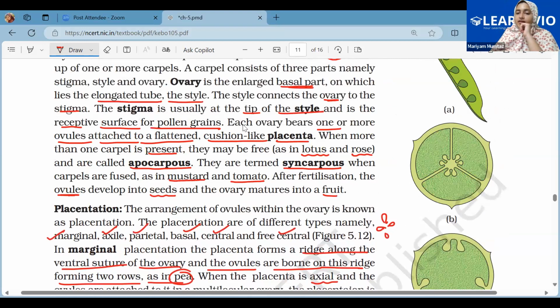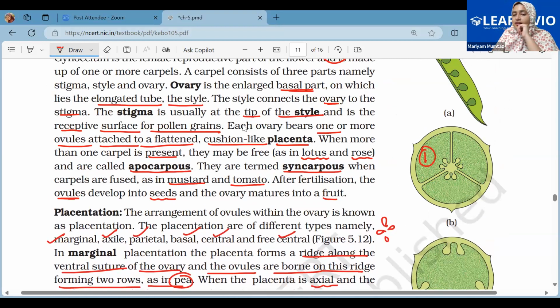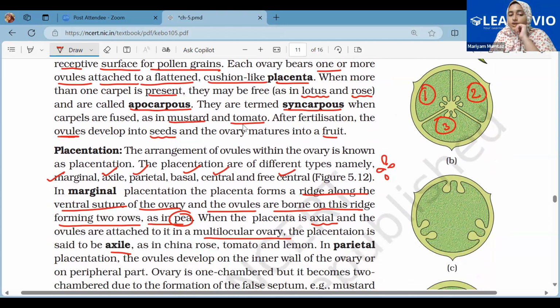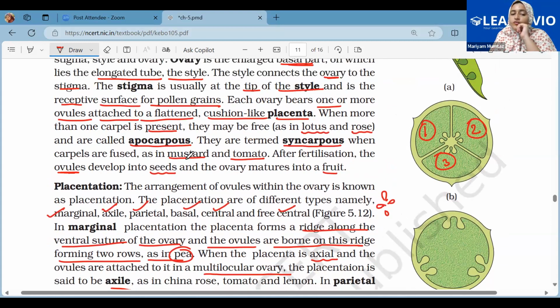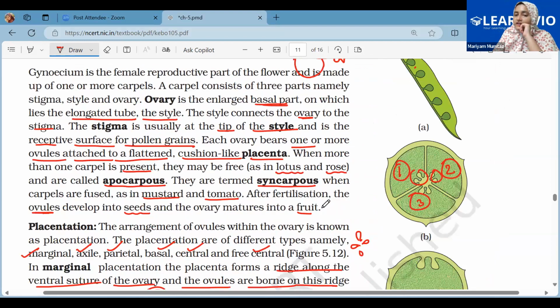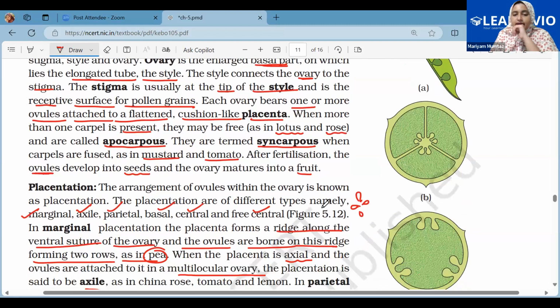See this one: this is locule number 1, this is locule number 2, and this is locule number 3. Since three of them are present, we call it multilocular. Here the ovules will be attached in all of the locules. Two of them are here, two here, and two here. This type of placentation we call axile. Any doubts?